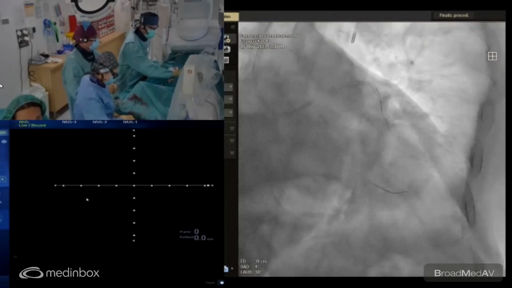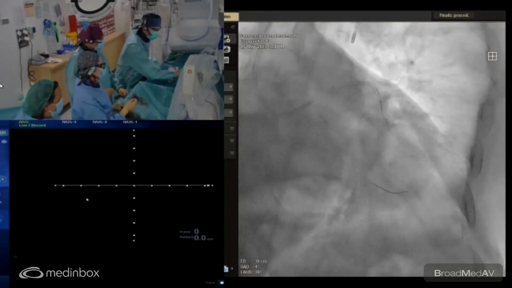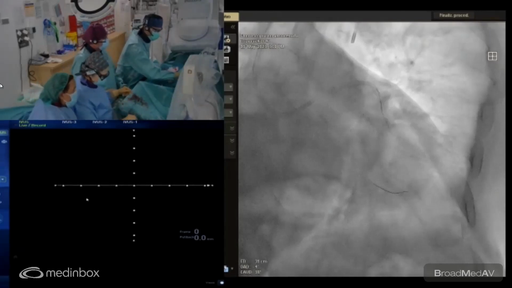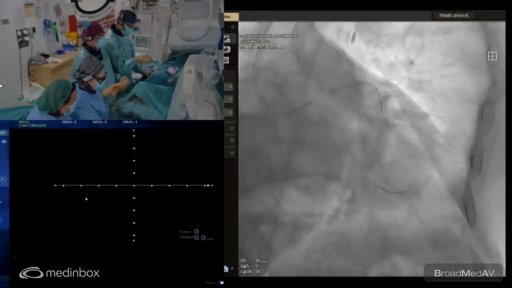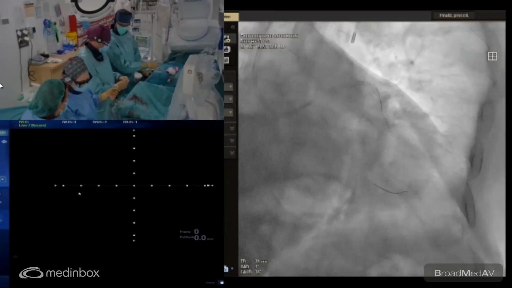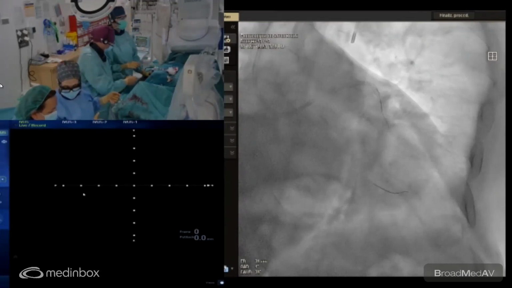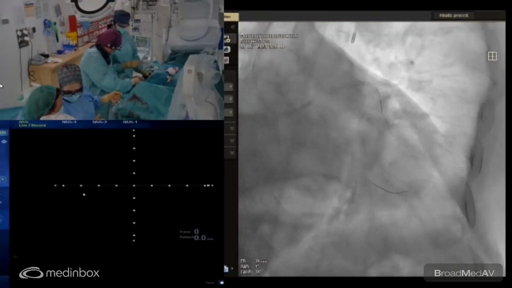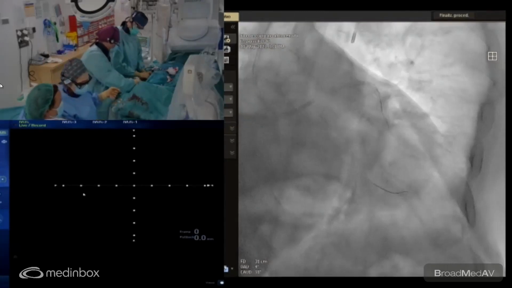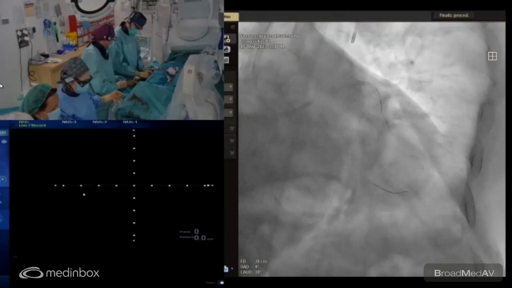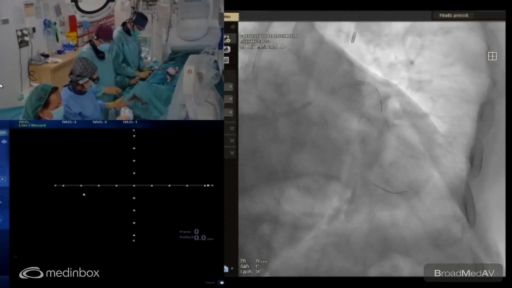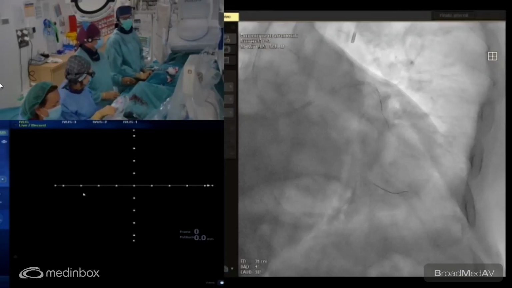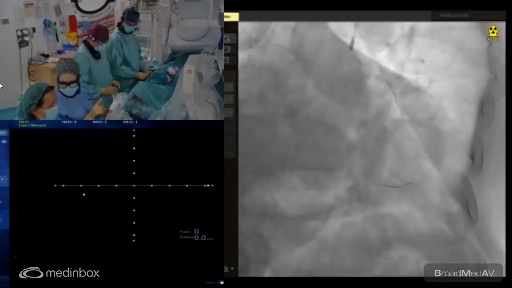We have the FlexVision here, and we are changing this reference for the IVUS. Pilar is asking us if we have put only one stent in the LAD, but it's a stent of 60 millimeters. So it's like 2 or 3 conventional stents.